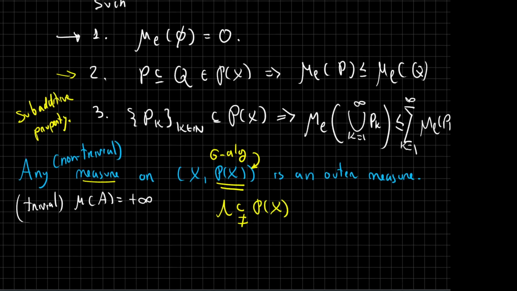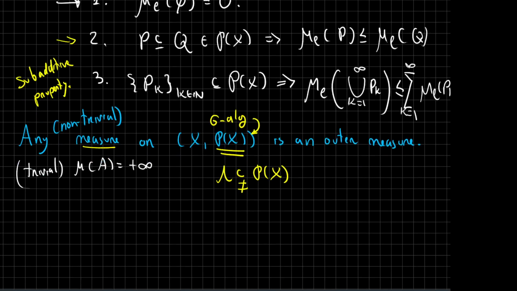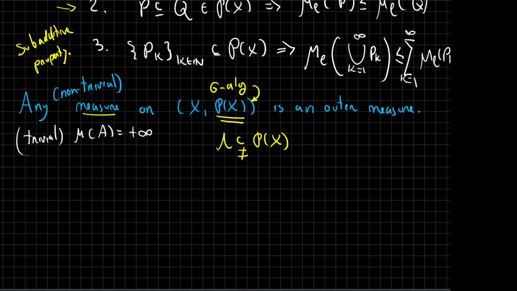But for the case in which we are taking the power set as the sigma algebra, we are in fact dealing with an outer measure. It also follows that an outer measure is not necessarily a measure. So a remark here is also in order.